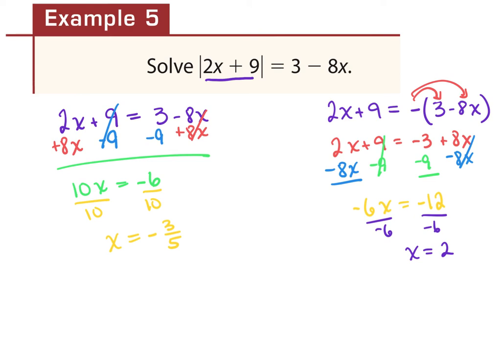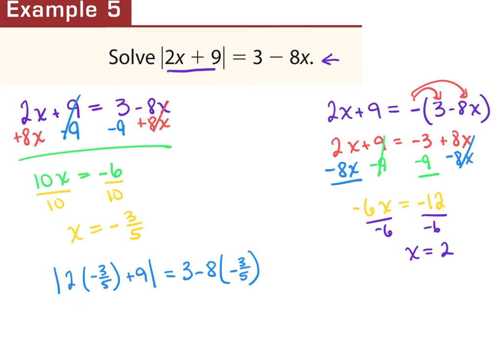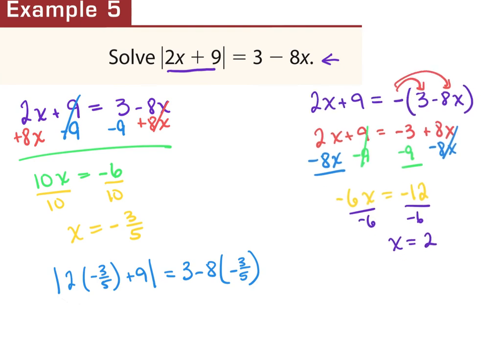All right, so I need to go back to my original problem and check these two answers. I'm going to say 2 times -3/5 plus 9 equals 3 minus 8 times -3/5. And I'm going to check that to see if it actually works, all right? When you check it, obviously, you have to get common denominators and all that good stuff, right? So I have -6 over 5 plus this guy needs to be over 5, so 45 over 5.